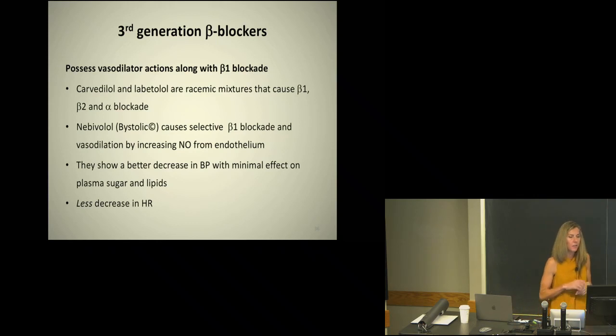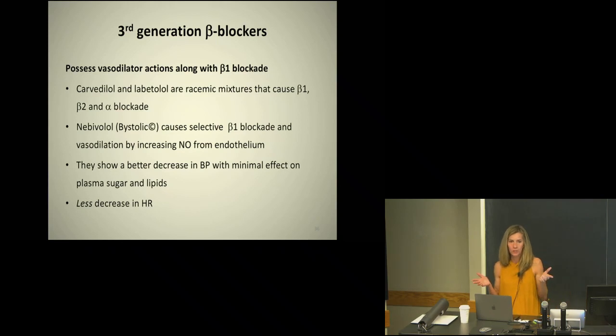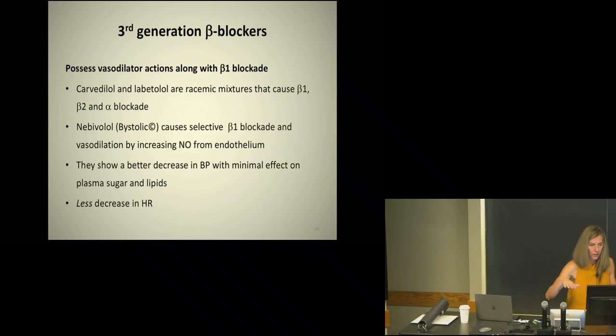And then lastly, we have the third generation beta blockers. What I want you to remember about the third generation beta blockers, if you think about beta 1 blockers, they would mostly be working on the heart, okay? The added benefit of the third generation beta blockers is they have beta 1 selectivity, but they also have properties that cause vasodilation, okay?